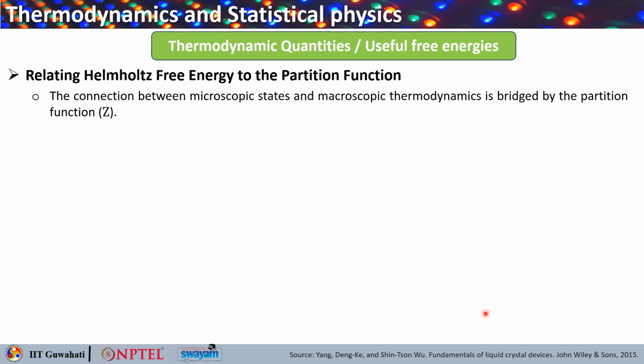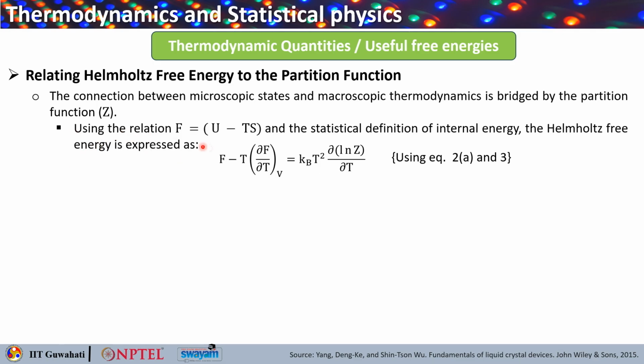So, how do you relate Helmholtz free energy to the partition function? The connection between microscopic states and macroscopic thermodynamics is basically bridged by the partition function, capital Z. Using the relation F equals U minus T S and the statistical definition of the internal energy, the Helmholtz free energy can be expressed in this particular form: ∂(F/T)/∂T at constant V equals kB T squared ∂ln Z/∂T.